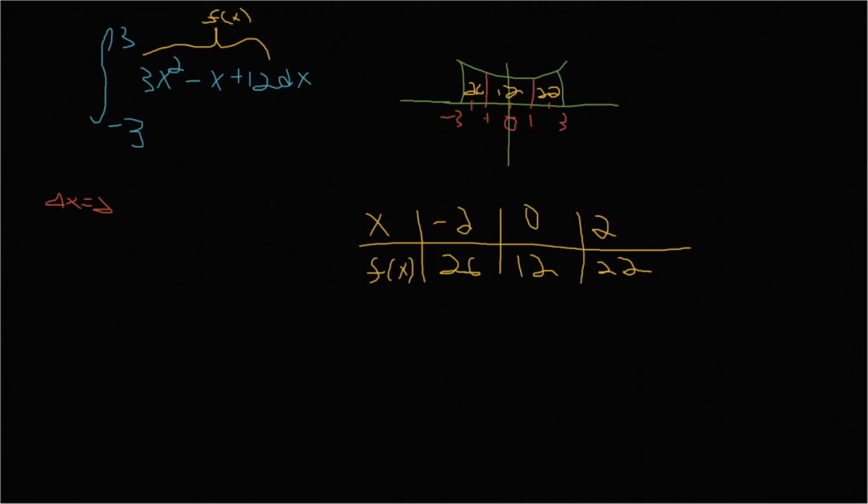So the total area under this curve is going to be 2 times 26 plus 2 times 12 plus 2 times 22. Because that is the length of the thing, right?